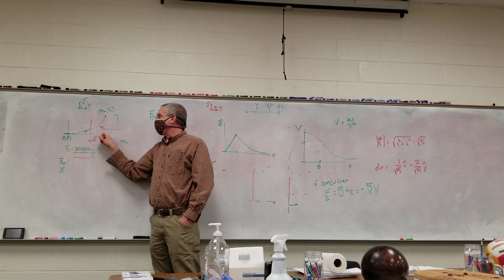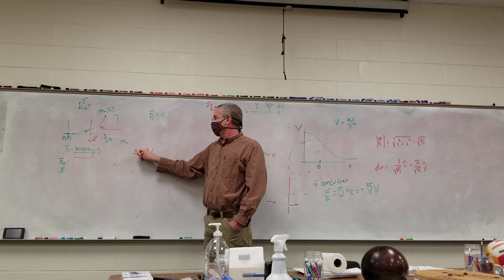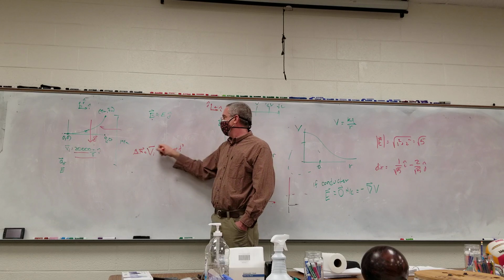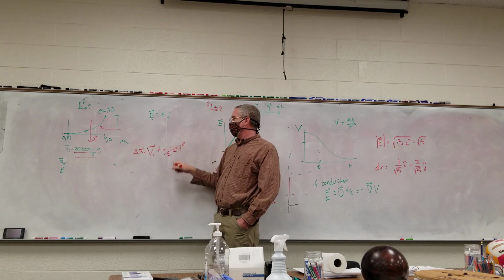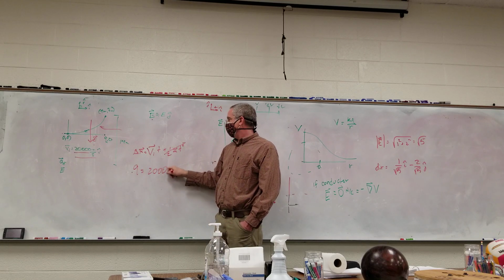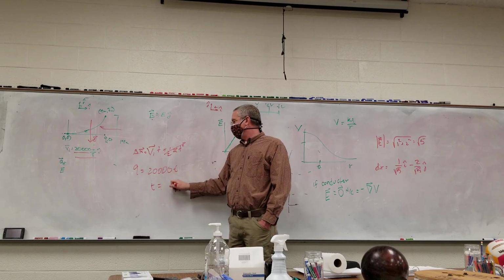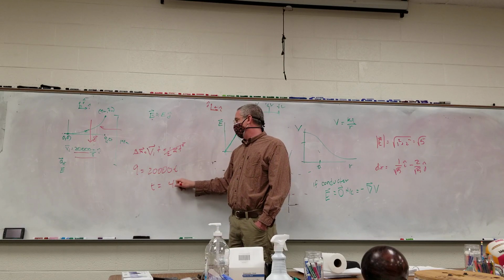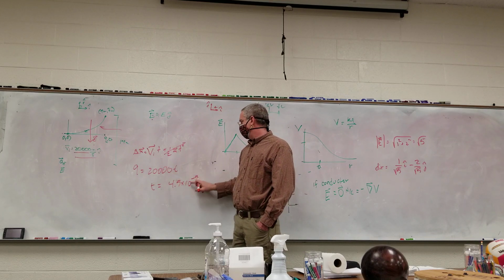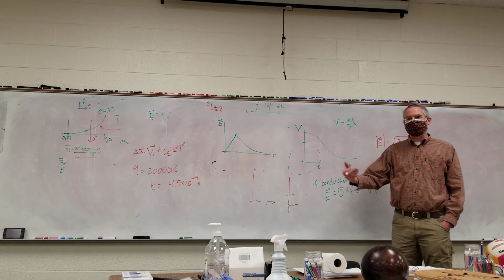So I can figure out how much time it takes to get across. Delta x is v i t plus one half a t squared. Acceleration is 0 horizontally, and so I have 9 is equal to 20,000 times t. And so time would be 4.5 times 10 to the negative 4th seconds. So that's the time it takes to get across.